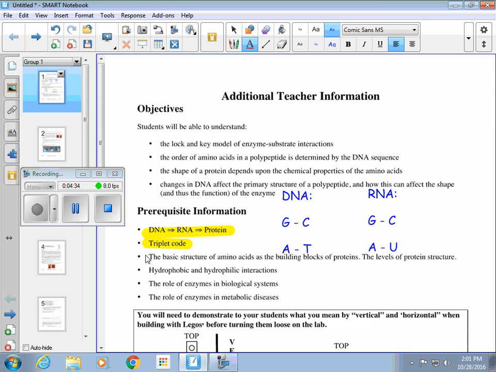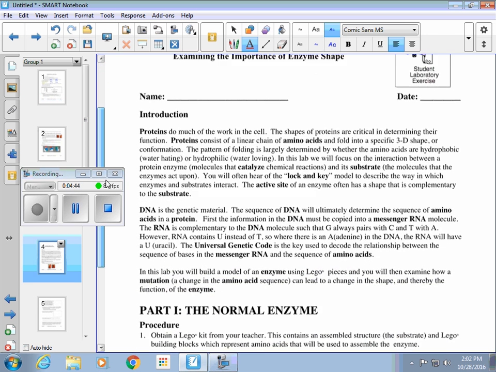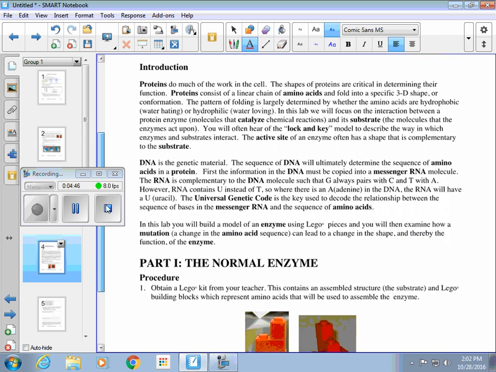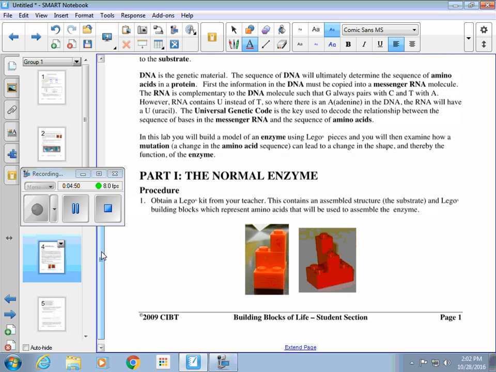My recommendation for you to get through this activity, because you're going to be very student-driven, is to read the introductory information, read this background. The part 1 procedure is laid out for you, tells you exactly what to do.